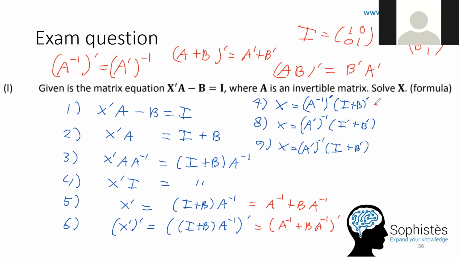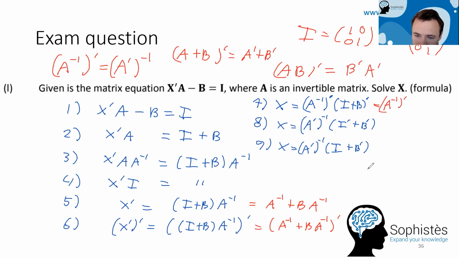And then you get a minus 1 prime plus ba minus 1 prime. And that would be the same as this thing here, a prime minus 1, right?